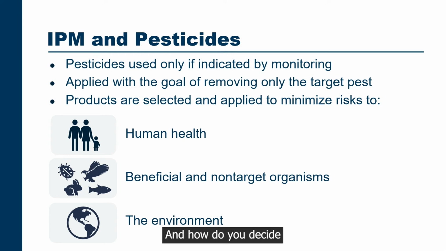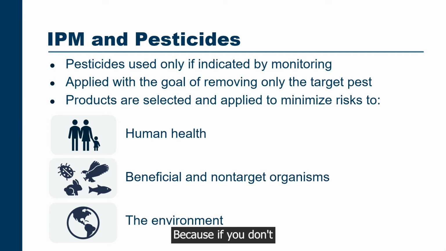And how do you decide when to use it again? So that's what your monitoring is about. So if you spray and you find that they came back within 2 weeks, you need to go back on your IPM steps and reevaluate which pesticide option you used.